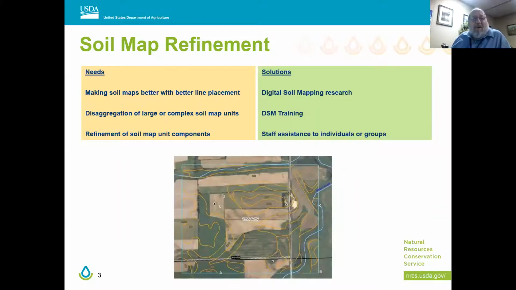Some of the things that we're going to keep working on. One is soil map refinement. We saw some examples earlier. Somebody put up a regional soils map, and you can still see it was dense in some places, dense lines and polygons in some places.